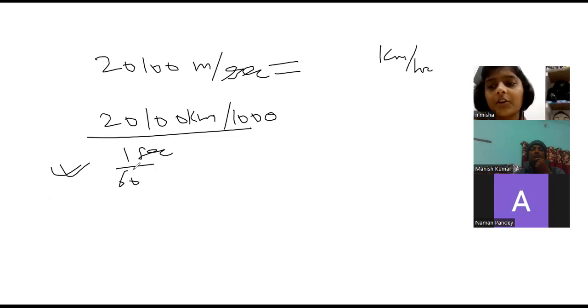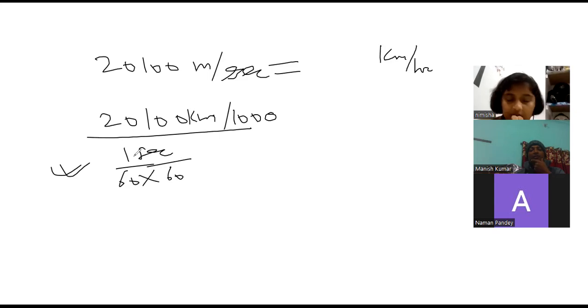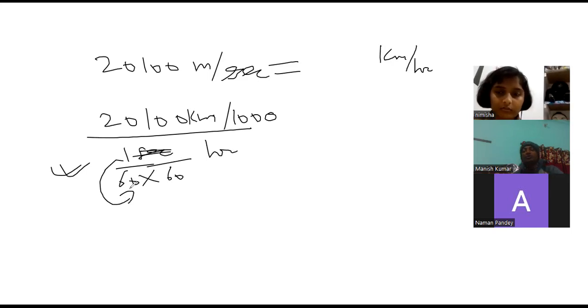So 1 divided by 1, 1 divided by 60 into 60. Then only it will be in hour. First you have to, because it will be lesser than first. If we convert seconds to minutes, it will be lesser than that. Now again from minutes to hour, it will be again lesser than that. Means we have to divide 2 times by 60 and again 60, isn't it?